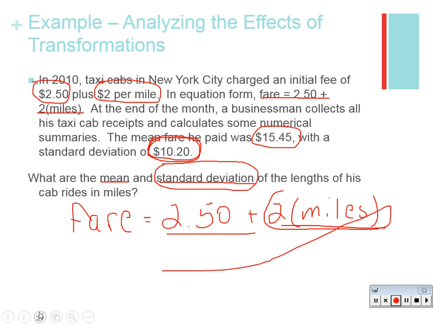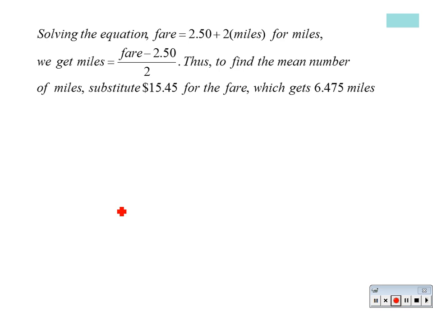So let me talk about the answers here. If we're solving the equation, and here's the original equation, the fare equals $2.50 plus 2 times the number of miles. Basically what we get here is the number of miles is going to equal the fare minus 2.50, divided by 2. All I did here was take this equation and solve it for the miles.